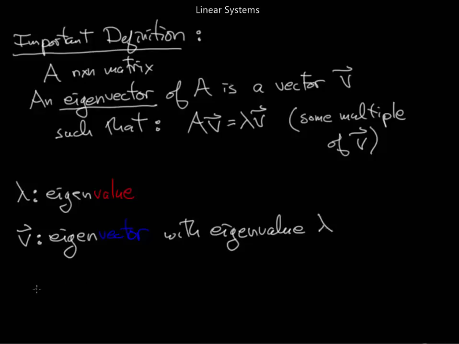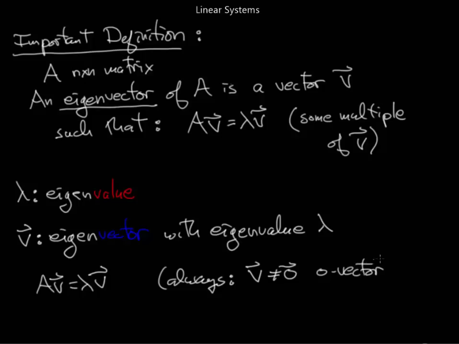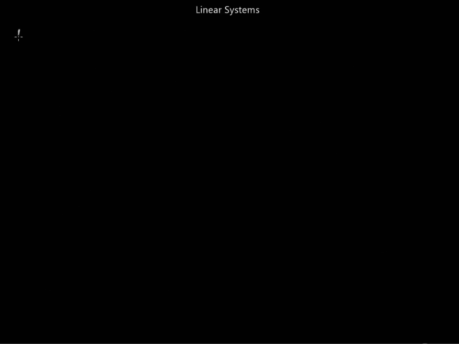So again, given a matrix, you look for a vector which is taken to a multiple of itself. It's important that this vector is always non-zero. If you take the zero vector, this equation is always true, and that's kind of silly. So by definition, eigenvectors are always non-zero.